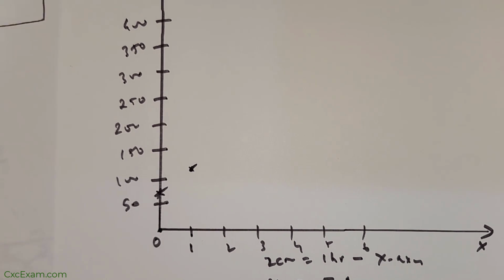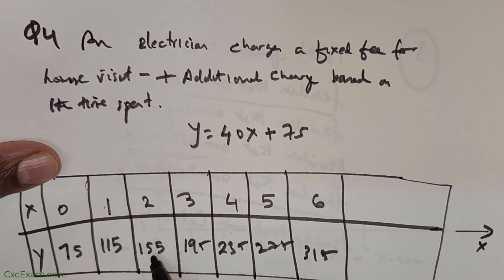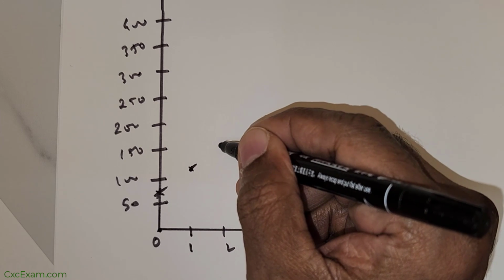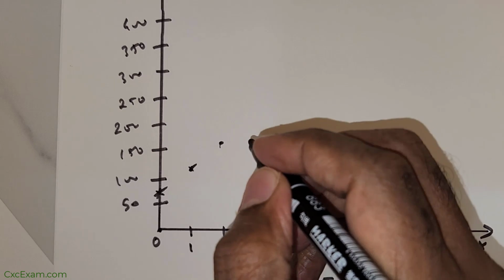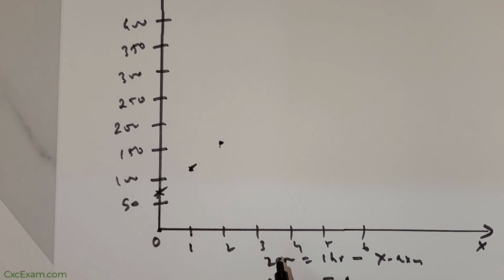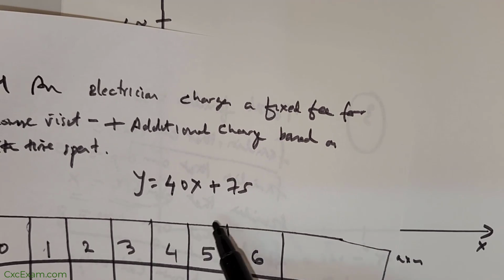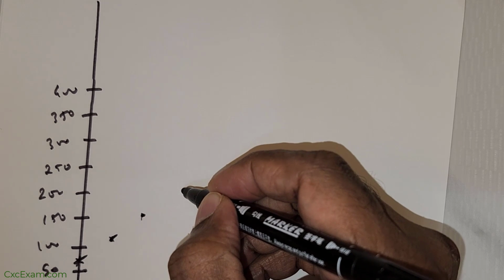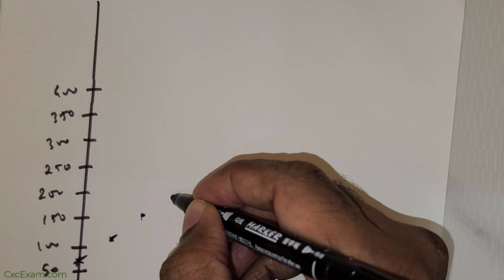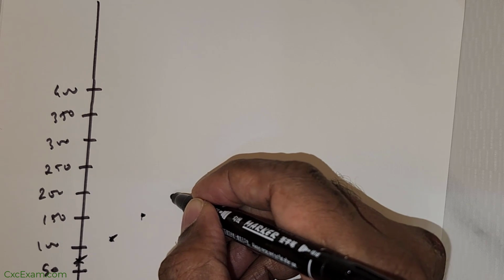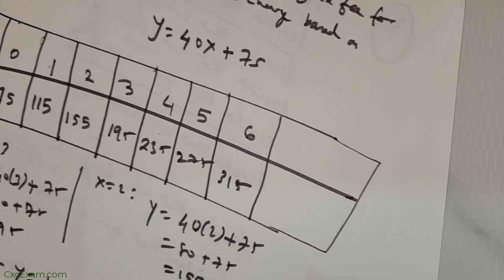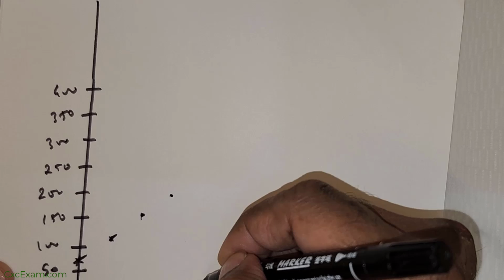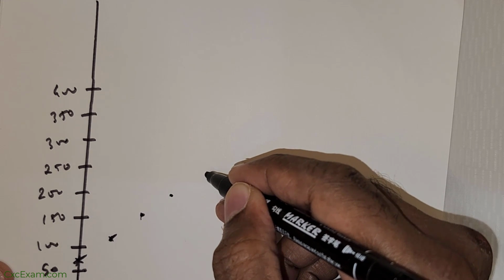Then 2 and 155, 3 and 195, somewhere over here, and 4 and 235 will be somewhere over here.